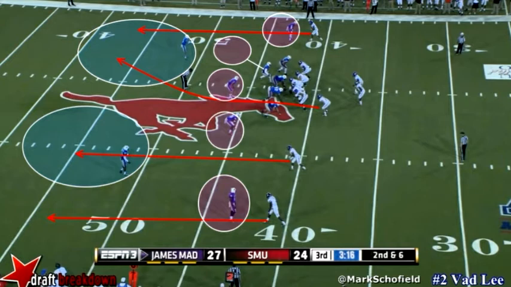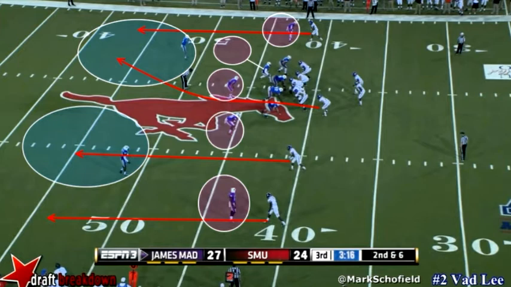If it's cover 3, you might work between the two inside vertical routes and try to bracket that free safety. Other teams go full field, right to left or left to right, depending on how they want the quarterback to start, whether it's based on matchups, coverage indicators, or the position of the football on the field, right hash mark versus left hash mark.